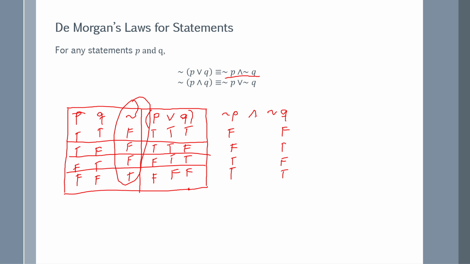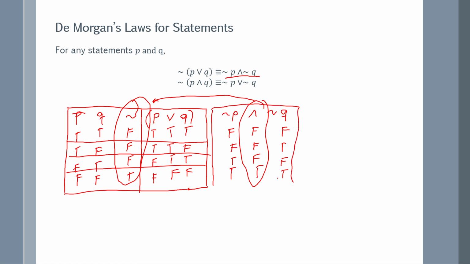So this one is the conjunction, and therefore this is false, this is false, this is false, and this is true. And this one is equivalent to the first one, so therefore they are equal.